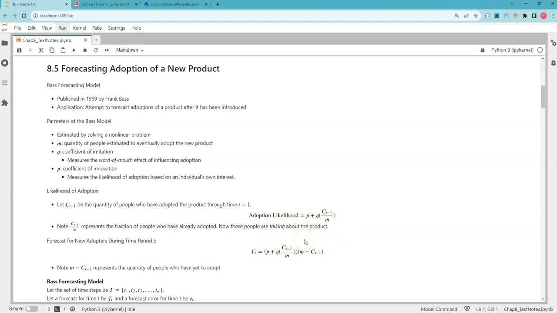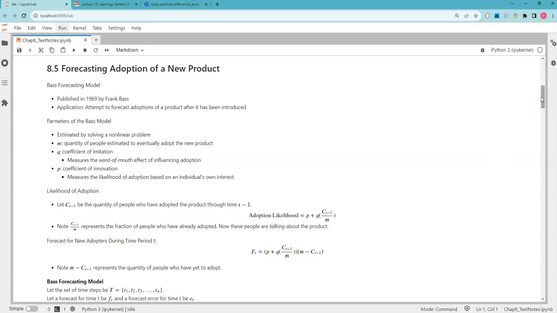Then on the right-hand side, you have M minus C sub t minus 1. If you think about that a little bit, that is the remainder of the population of individuals that have yet to adopt your product at time t. It's the remaining group of people out there that you're still trying to influence and still have adopt your product. We'll make continued forecasting calculations as we move from time period to time period using this expression.